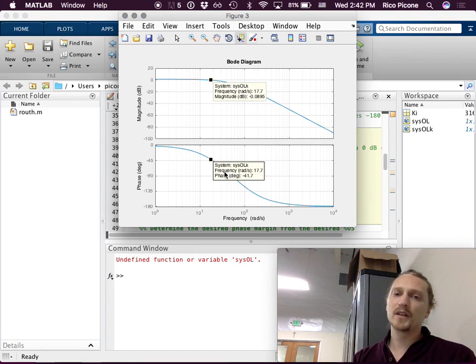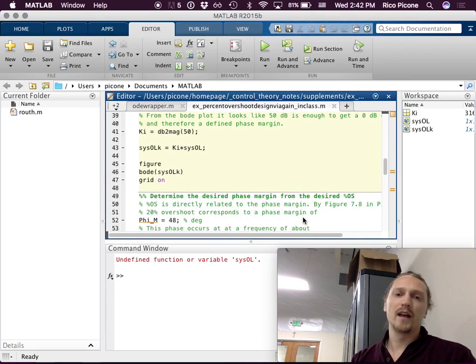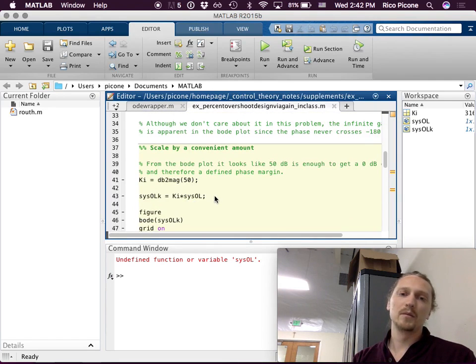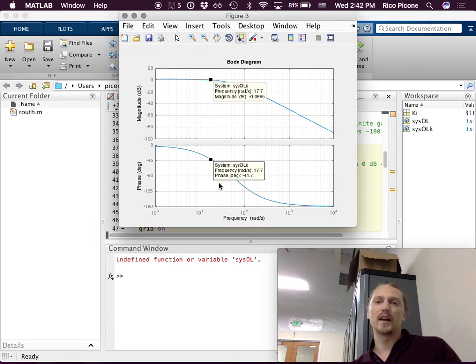The phase margin is defined as the amount above negative 180 that we are at that point. So you take 180 minus 42, and yeah, so that would be our phase margin. I didn't write it down because we actually don't care about it.